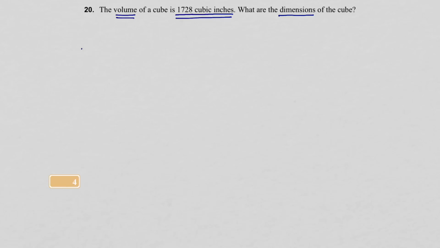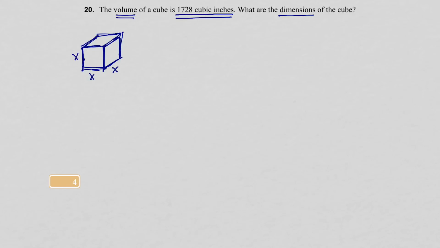So if we think about a cube, we've got our cube right here, and it wants to know what are the length, the width, the height? We're looking for all of these. And it's easy to find in a cube because they're all the same.